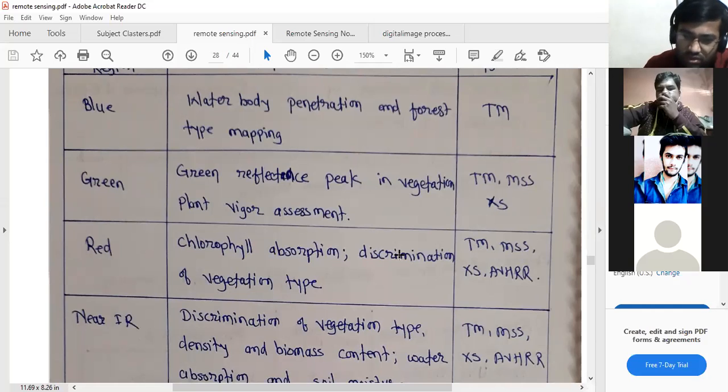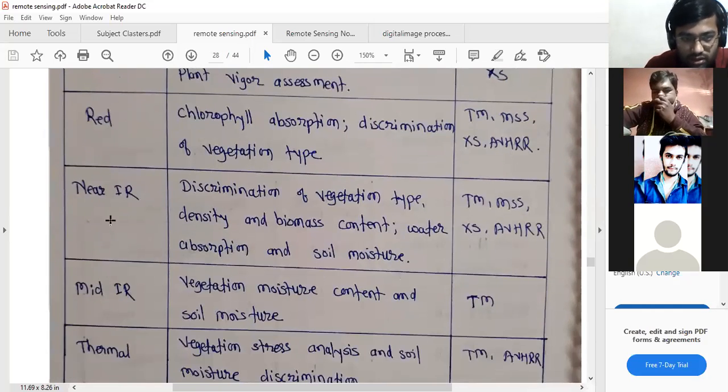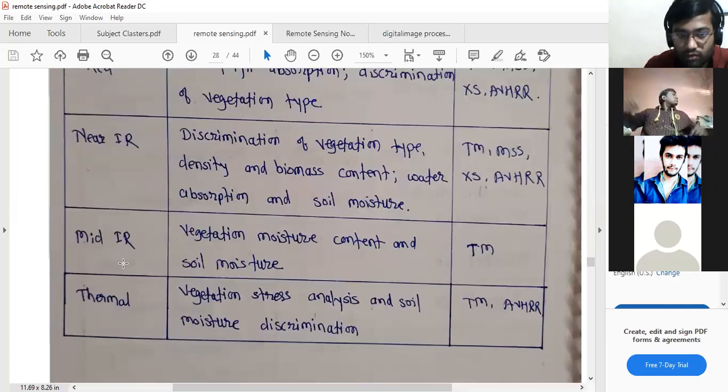Then near infrared: discrimination of vegetation type, density, biomass content, water absorption, soil moisture. Then mid IR: vegetation moisture content, soil moisture, TM, thermal, vegetation stress analysis, soil moisture discrimination, all this.